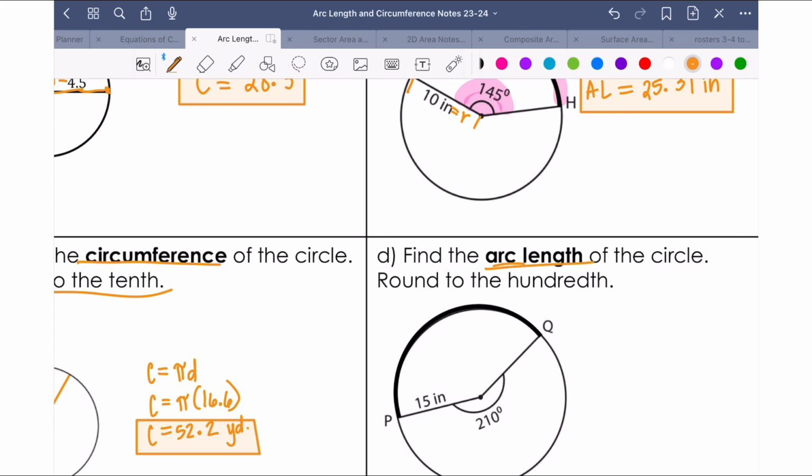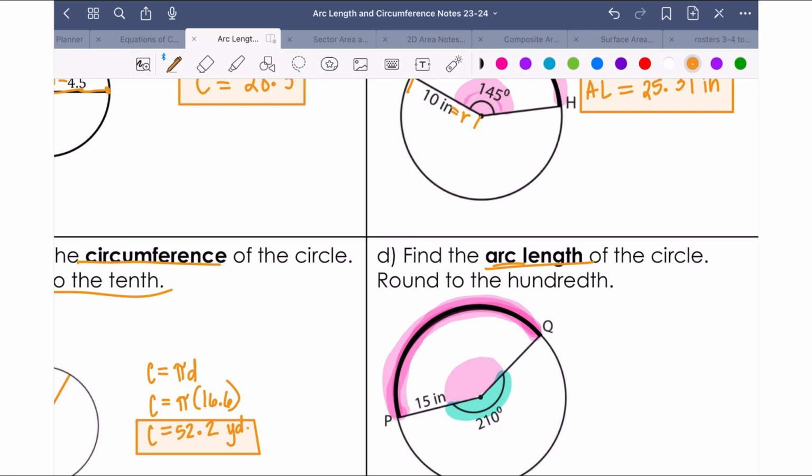Arc length. All right, so what section are we looking at? We're looking at this bolded part. So I need to figure out how many degrees of the circle is that. Well, they didn't give me this portion. What portion did they give me? They gave me this outer portion, which is 210. So how am I going to find the other section?